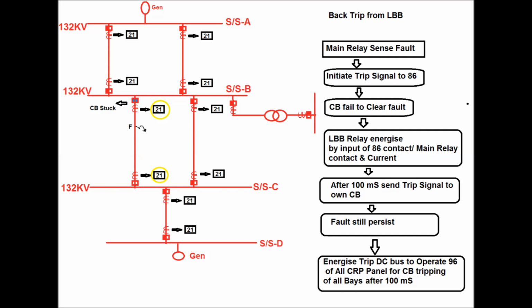Thereby, after the 100 millisecond, that is, from the initiation of the LBB relay, after 200 millisecond, it will energize the trip DC bus to operate the 96 relay of all the control and relay panels associated with all the feeder and transformer panels, and thereby it will trip all the circuit breakers associated with the main bus. In this case, it will send the trip signal to all the circuit breakers associated with the substation B end, and thereby clear the fault after 200 millisecond.